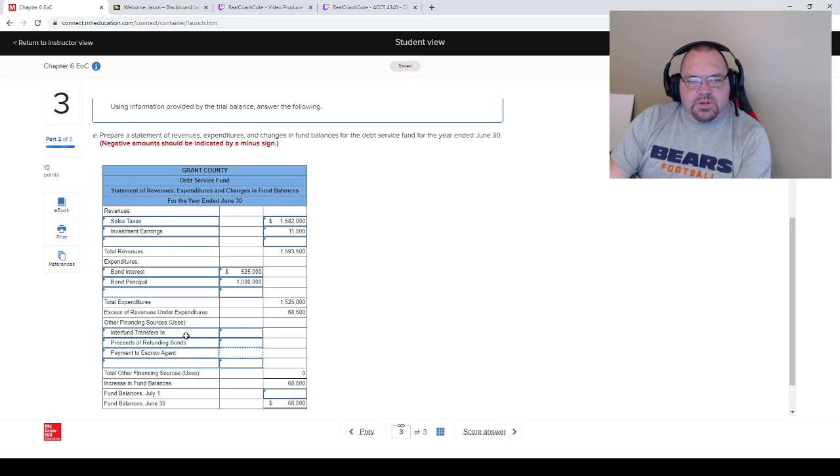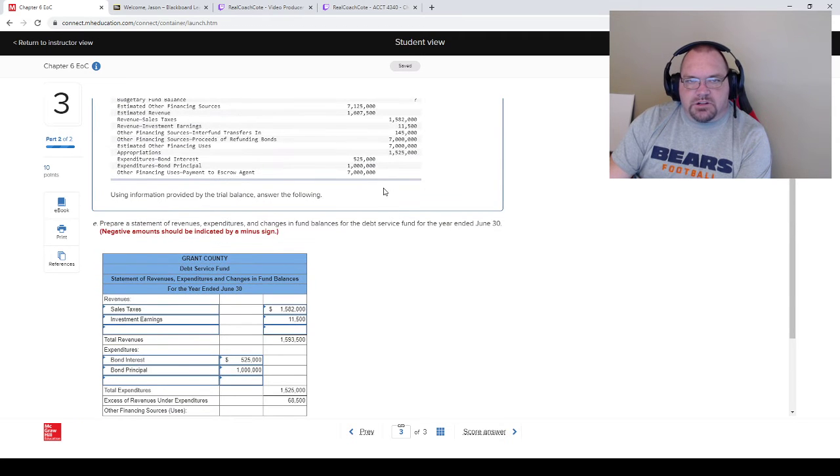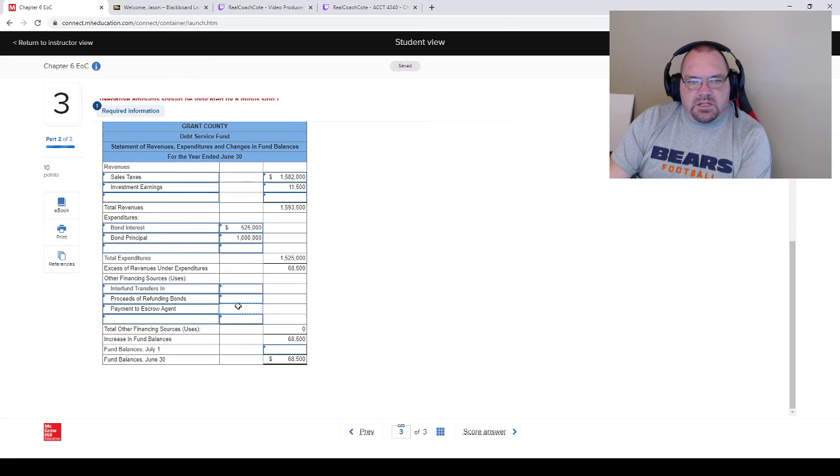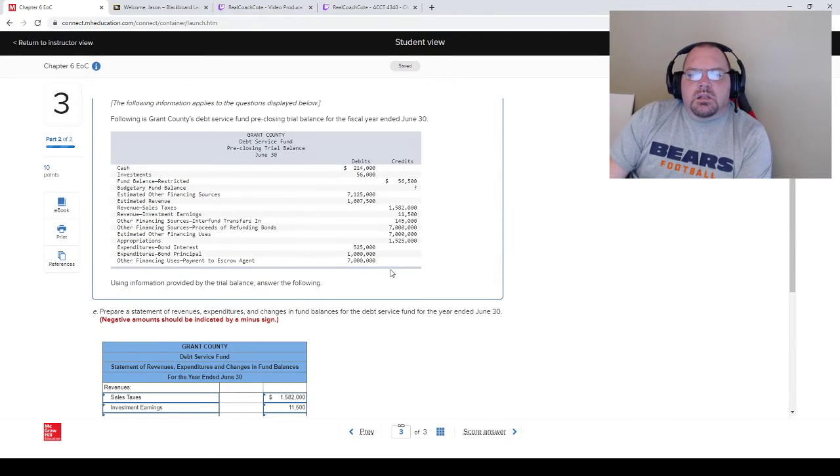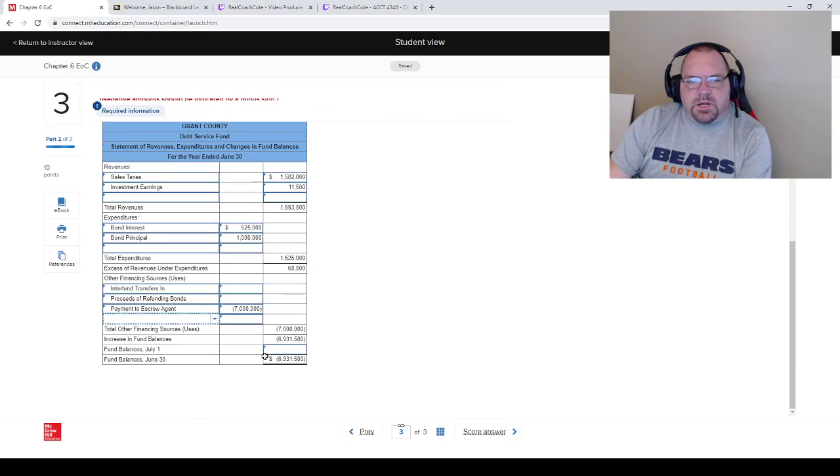Okay, so the transfer in is a positive. The only negative one here is going to be the payment to the escrow agent, which is a $7 million. So this needs to be in parentheses. I'll type in negative. Okay, the 145 and the 7 are both positive numbers.